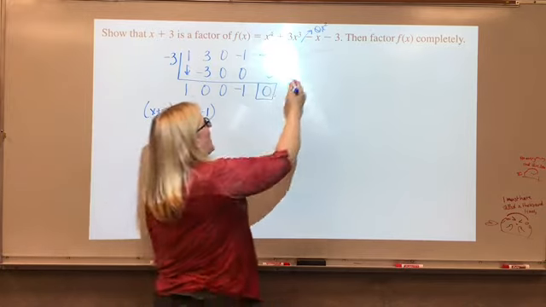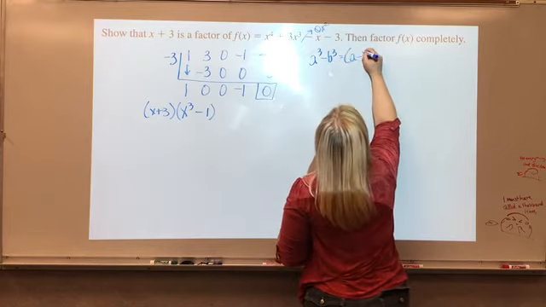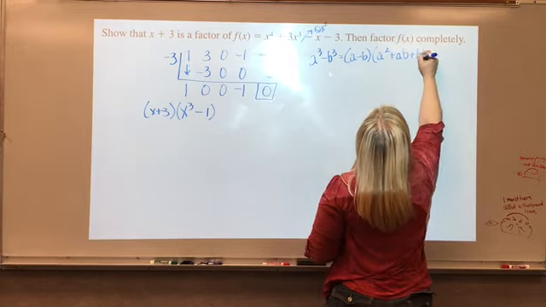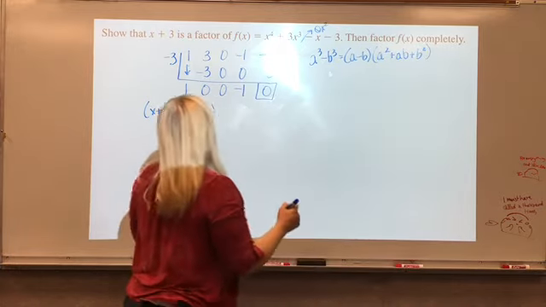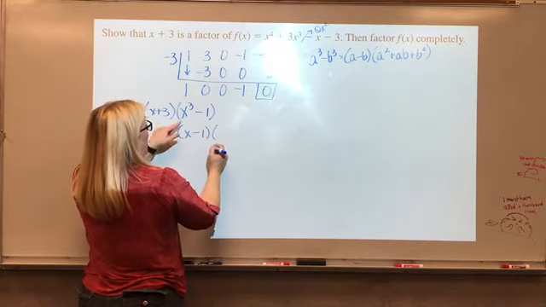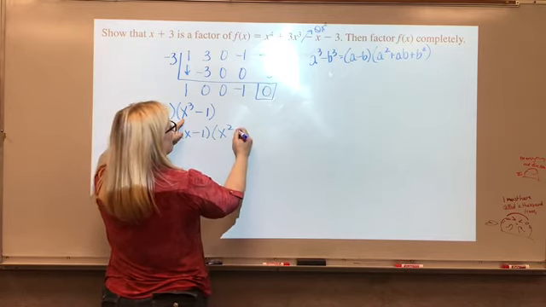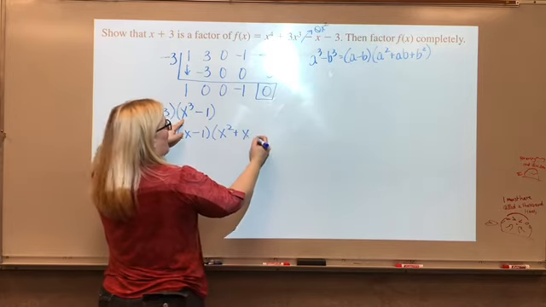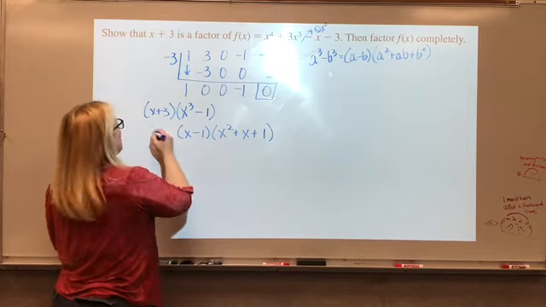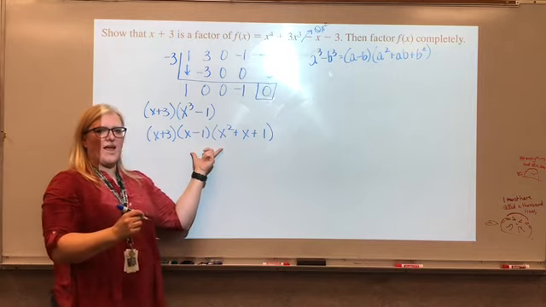So again, a cubed minus b cubed equals a minus b times a squared plus ab plus b squared. So this is going to be x minus 1, times x squared, plus ab, which is x times 1, so plus x, and then plus b squared, which is 1. So this factored completely is this answer right here.